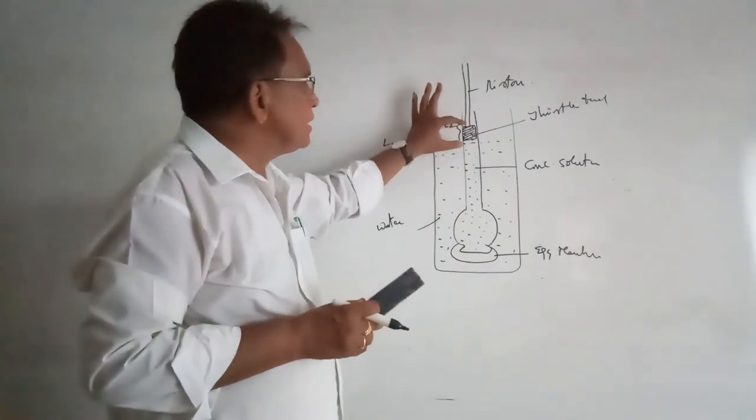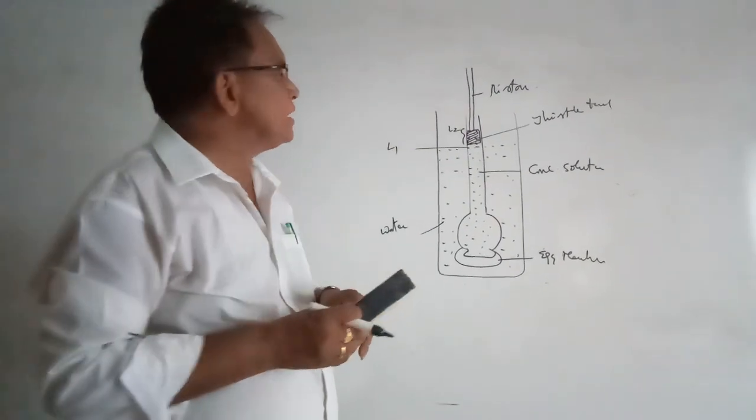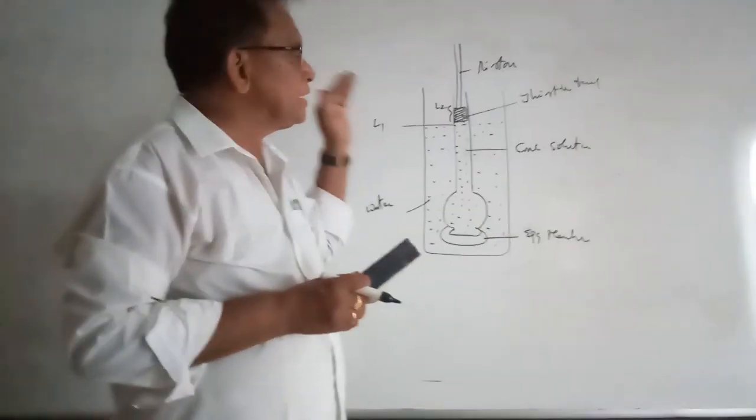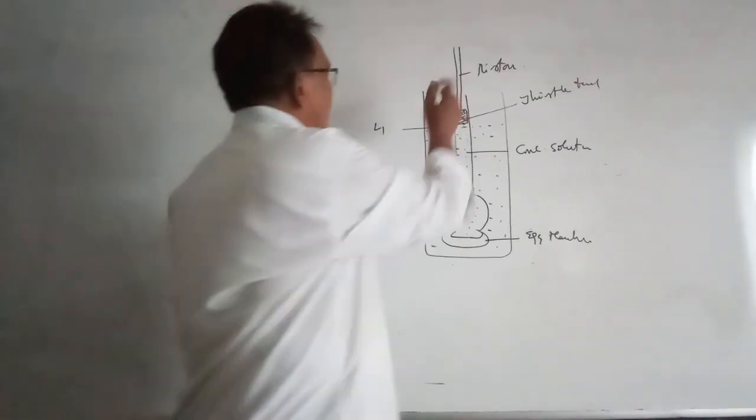So this pressure we have exerted from outside inhibits the process of osmosis. The pressure that is required to inhibit the process of osmosis, we can calculate it as osmotic pressure.